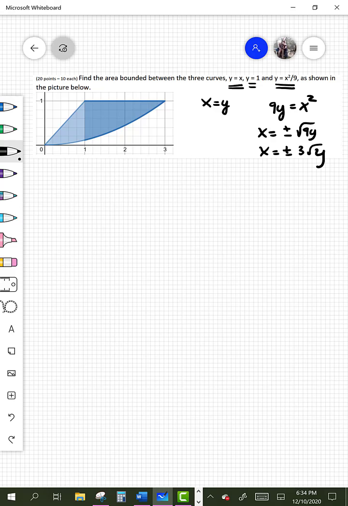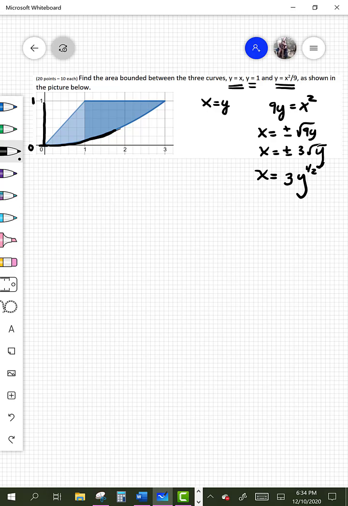The thing is that this is above the x-axis, and so this piece right in here has to be positive. So here we have x is equal to 3, and I'm going to rewrite that square root of y as y to the 1/2 power. So we're doing it with respect to y. And so notice our bounds on y are from 0 to 1.